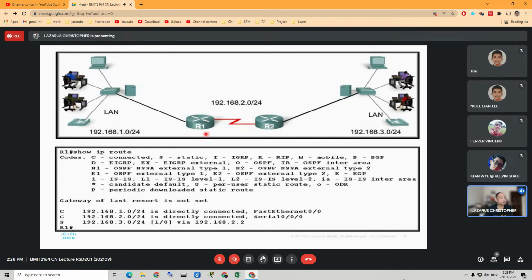The other way for R1 to find out about this remote network is if the administrator keys in and updates the R1 routing table himself or herself. So this is what we call static. Static because it's not changing until the administrator goes and changes it, because it is the administrator that entered this info in the first place.